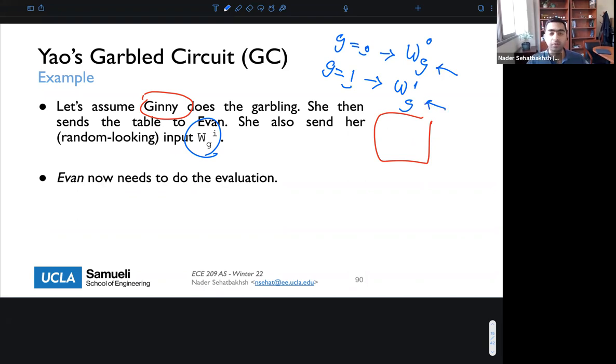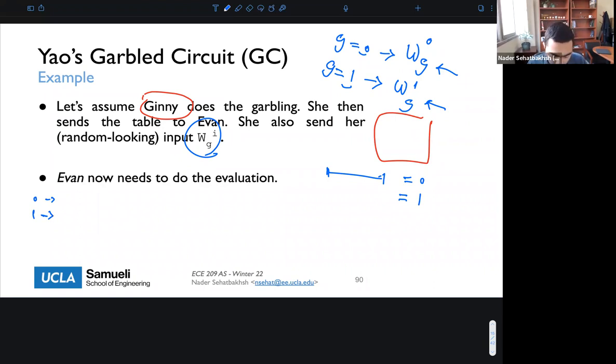So what Evan will see is just a random looking 8-bit value, and he has no idea whether this is equal to 0 or 1. It's just a random looking label. Say, for example, instead of sending zeros and ones, I give you the name of an animal, like monkey or cat or dog. By seeing monkey or cat, I cannot understand whether it was 0 or 1.